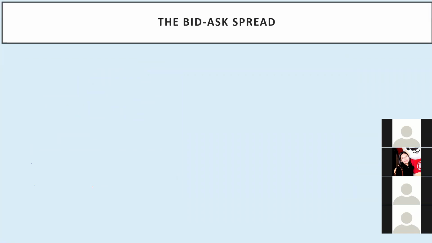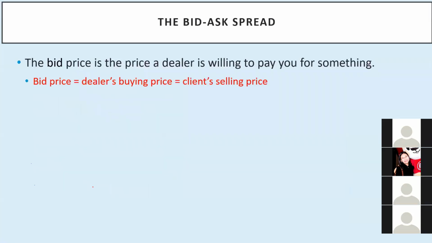Okay, so we will talk about the bid-ask spread as well. As we mentioned before, when you have a dealer market, normally the dealer will quote two prices. One is the price that they want to buy at, and one is the price that they want to sell at, right?